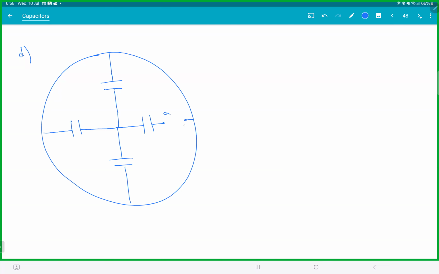This is A and this is B. This is a conducting ring. Now, all are C. If I don't mention anything, take all capacitances as C only.